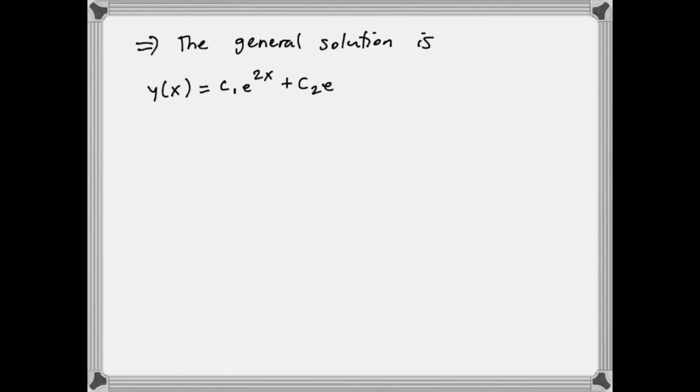And so this gives us the following. The general solution is, you can just add the two together: y(x) = c1 e^(2x) + c2 e^(-x).